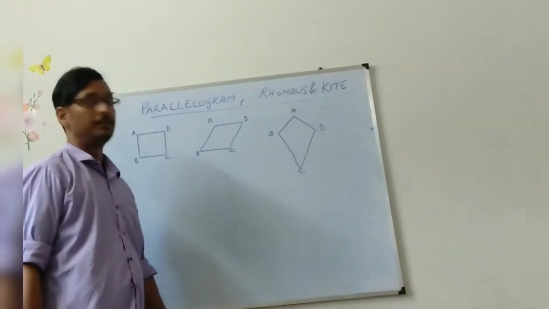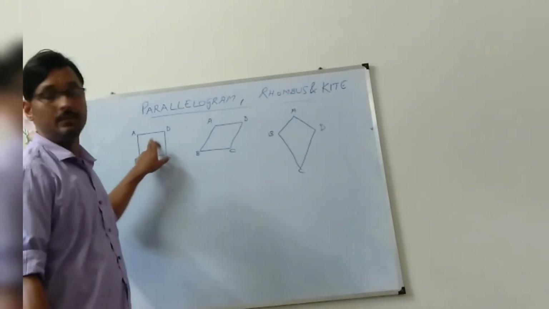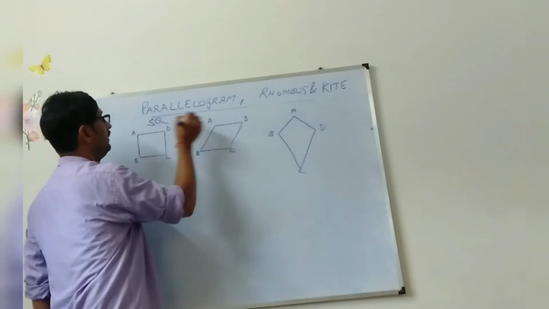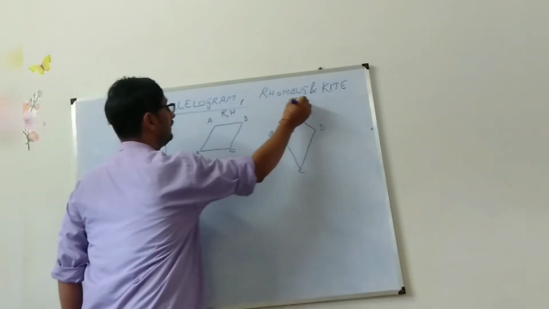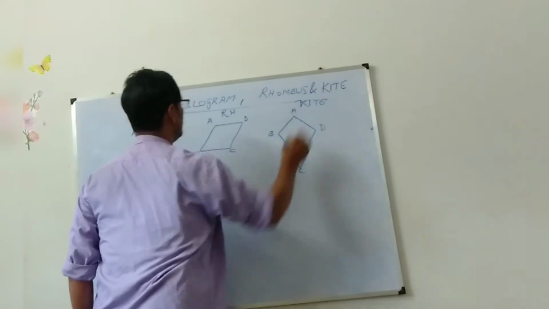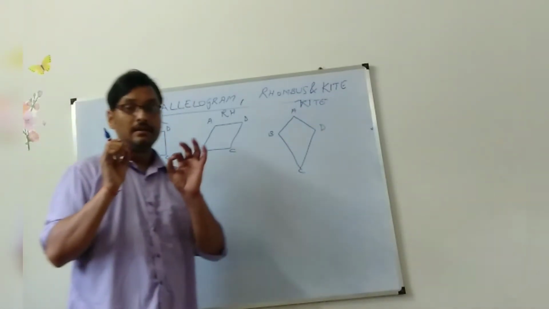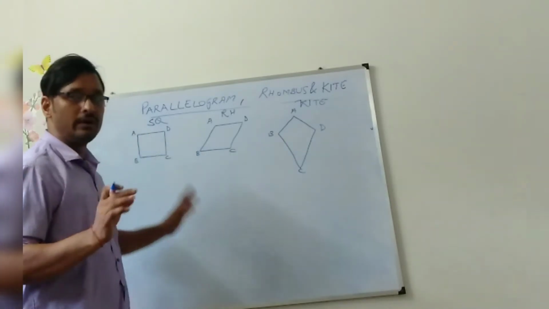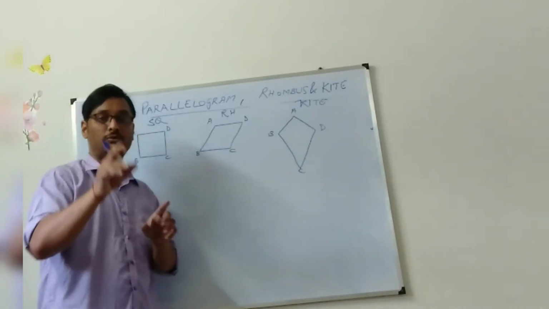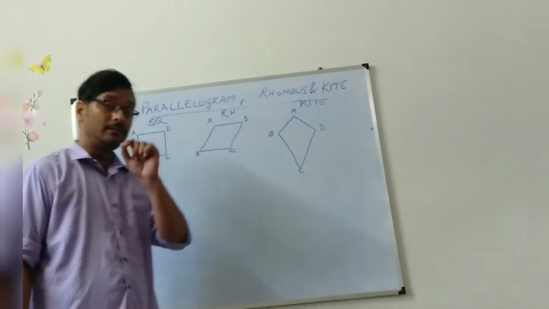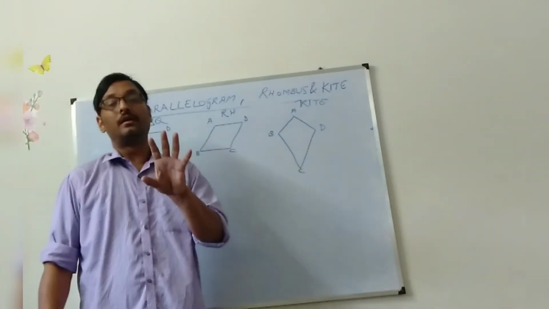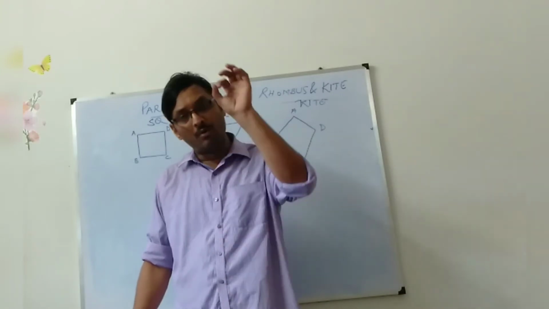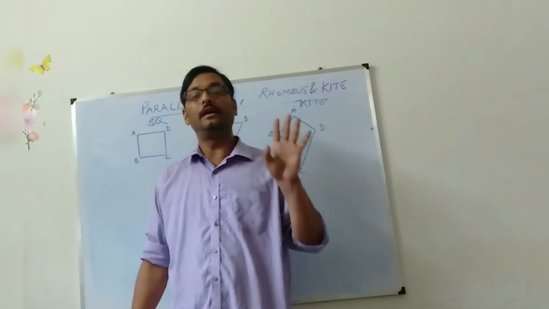Now look at this. This is a square, this is rhombus, and this is kite. Let's go to the definition of this one. A square is a quadrilateral, and on what basis am I trying to find out this area? That's the only basis. Wherever you are getting the hint of 90 degree, that moment you will find there will be area.